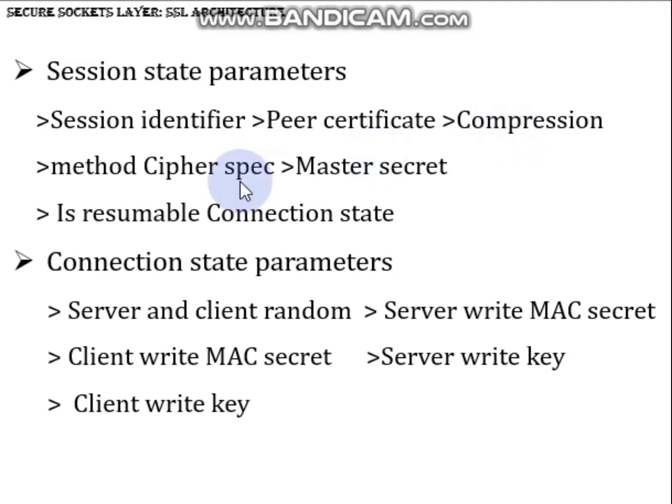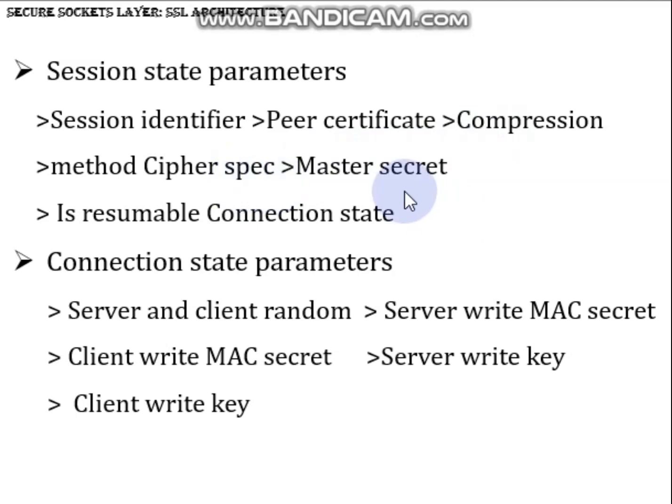Cipher spec specifies the bulk data encryption algorithm such as null, AES, etc., and hash algorithms such as MD5 or SHA-1 used for MAC calculation. It also defines cryptographic attributes such as the hash size.